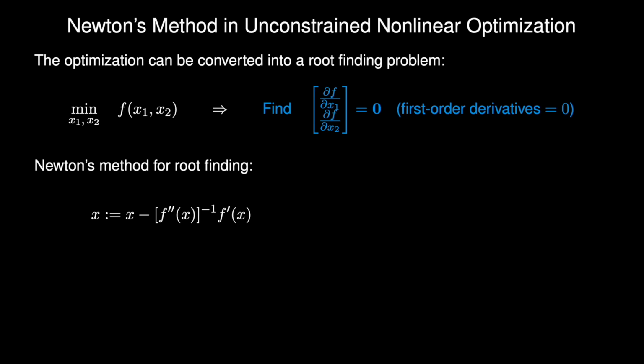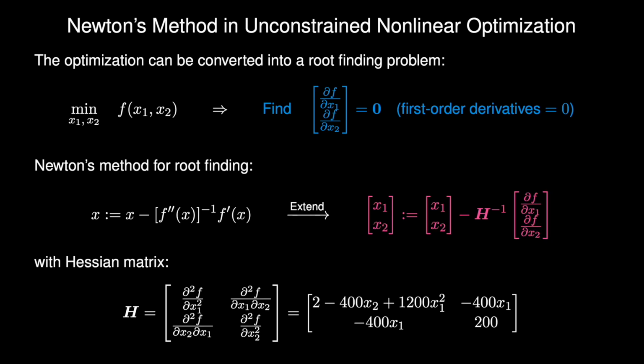In 1D, Newton's method updates x using x minus f prime over f double prime. In multiple dimensions, the scalar division by f double prime becomes a multiplication by the inverse of the Hessian matrix.